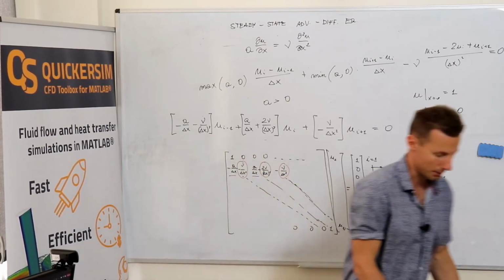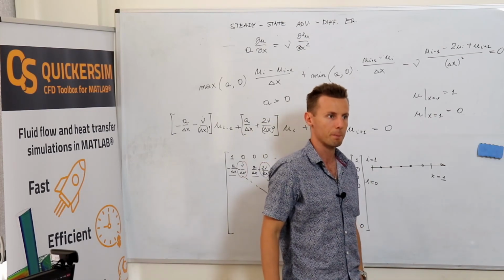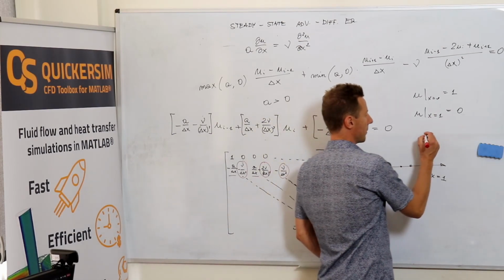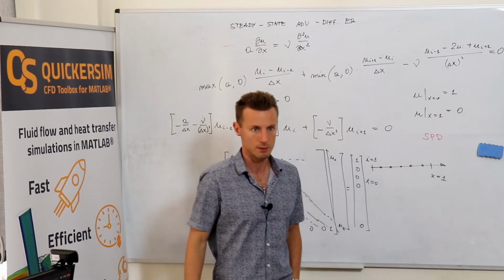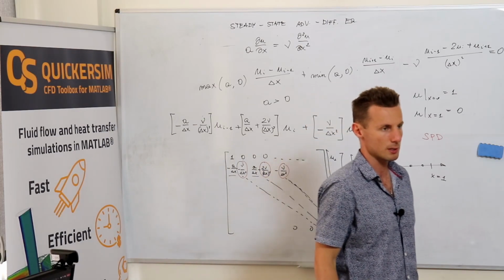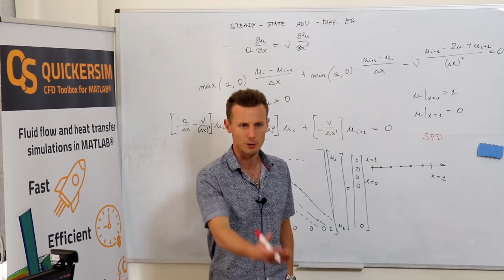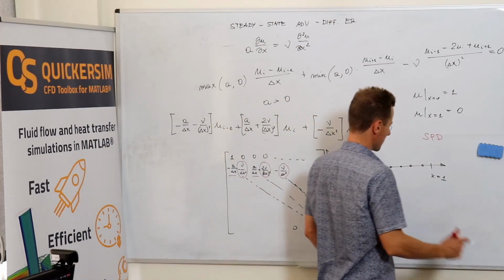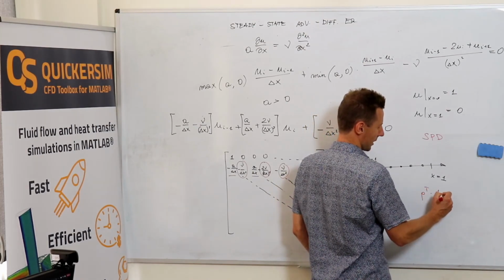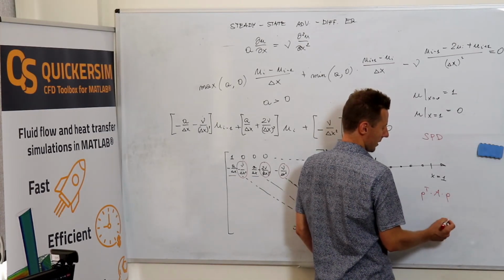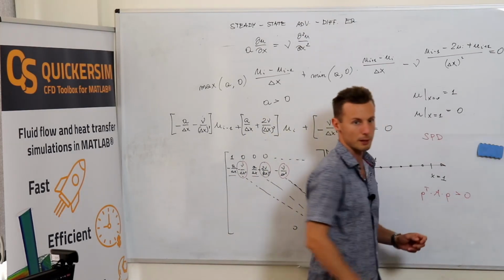And now coming to some of the numerical features. If you're solving diffusion problems, then you come up with SPD matrices, symmetric, positive definite. Positive definite means that, for example, all the eigenvalues are positive. No, actually, symmetric positive definite means that whatever vector p you take, p transposed times the matrix times p, for each p that is not 0, such a scalar product will be greater than 0.